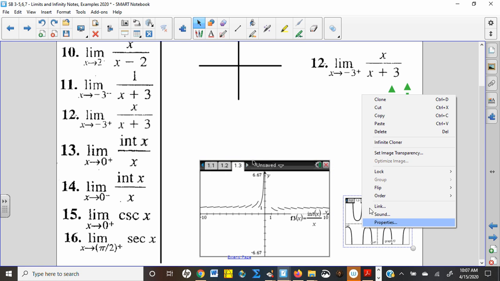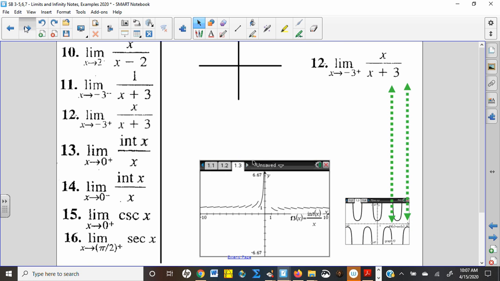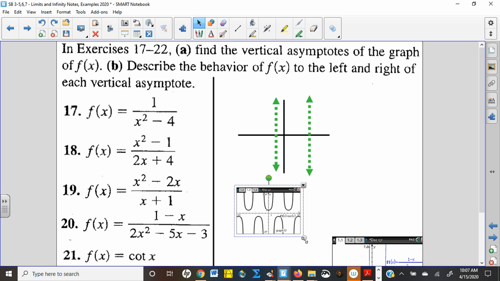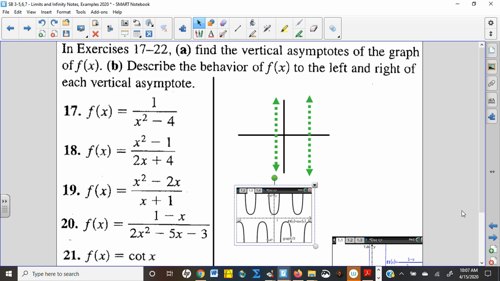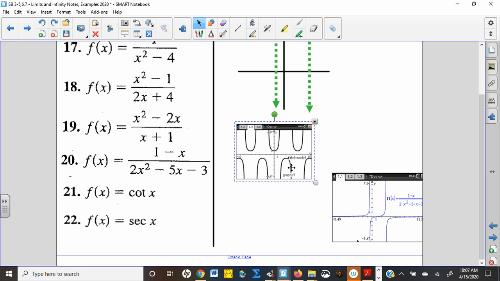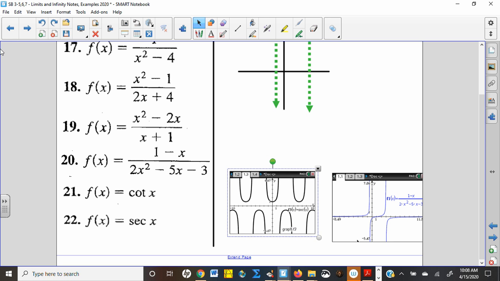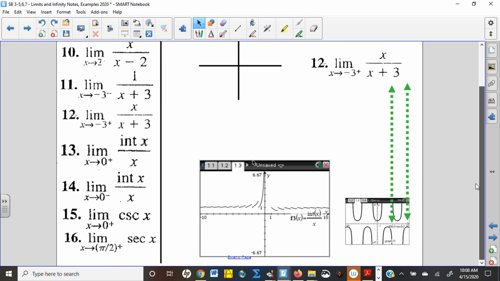So why don't we steal this graph and come back over here and examine the vertical asymptote structure. Once again, this wanted you to find all vertical asymptotes. So this is the one where it gets tricky because you have to determine where they are. I guess maybe 22 was the one I was thinking was 16 back here.